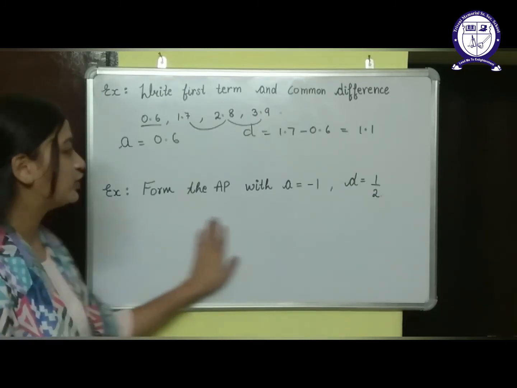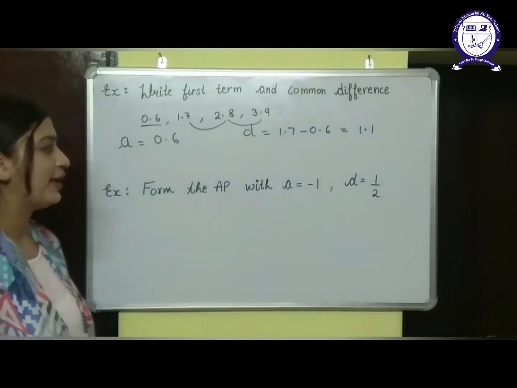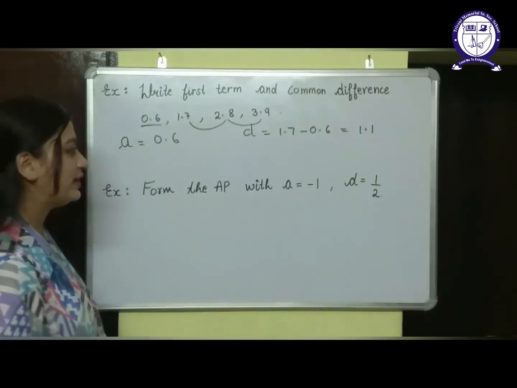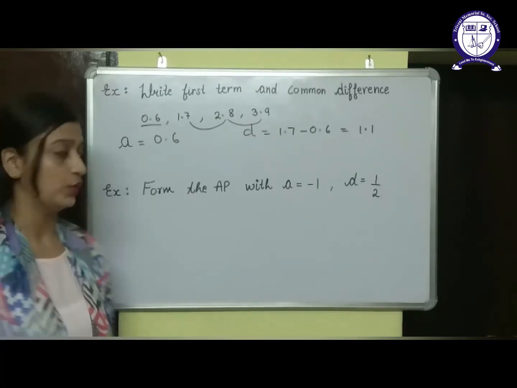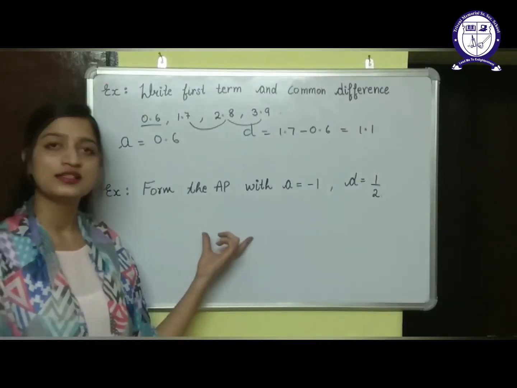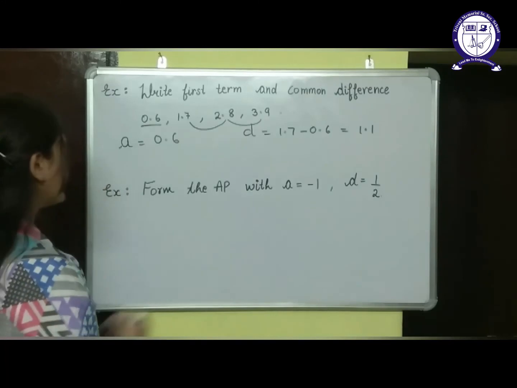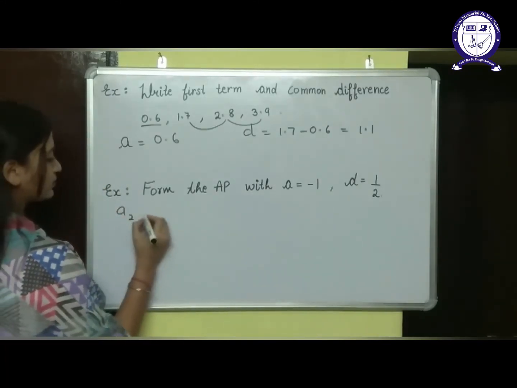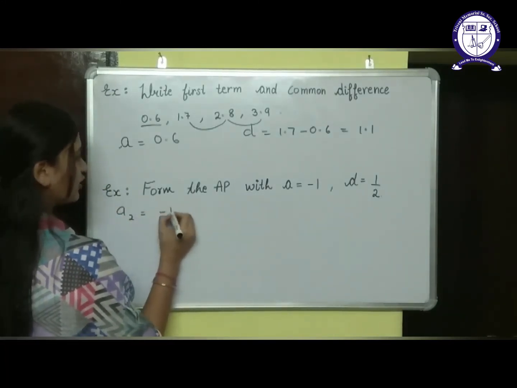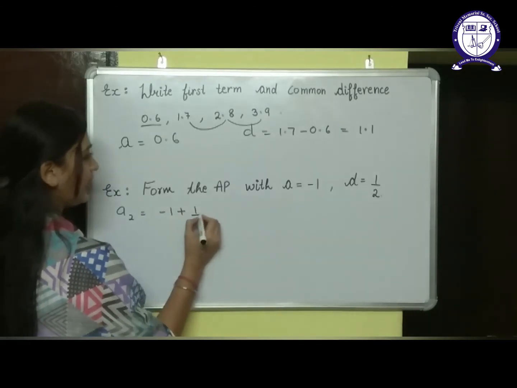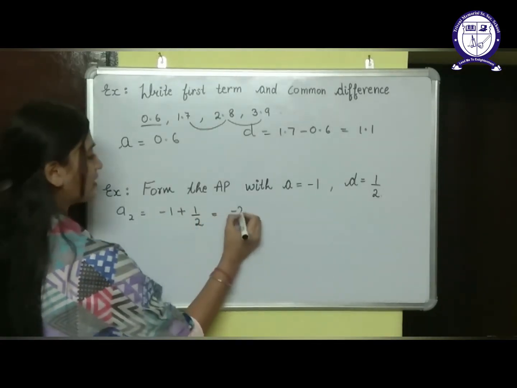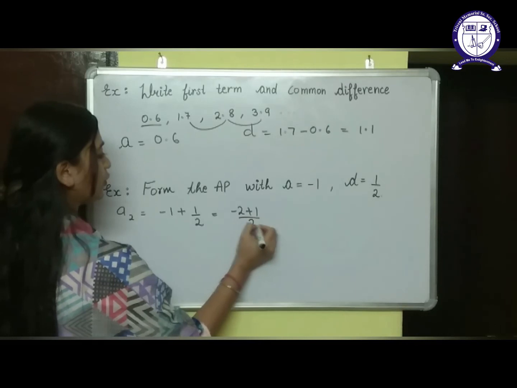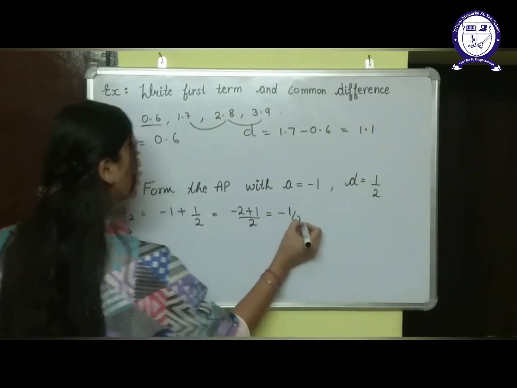Now coming to the next example, form the AP with A equals to minus 1 and D equals to 1 by 2. Now this is the second type of question. So my second term will be first term plus my D. Taking the LCM, it will be minus 1 upon 2.